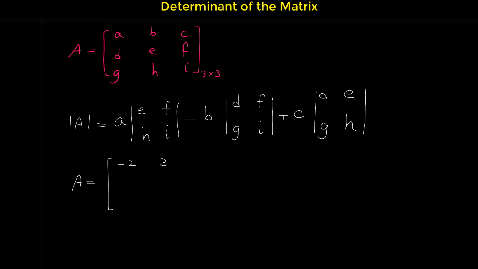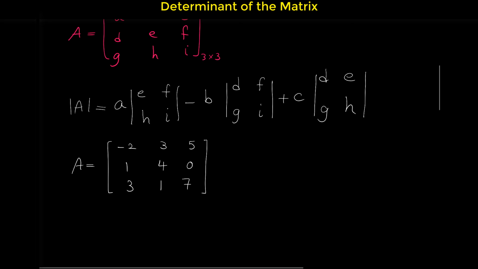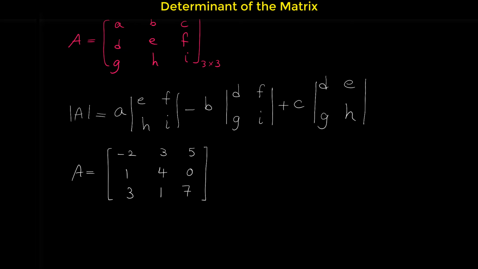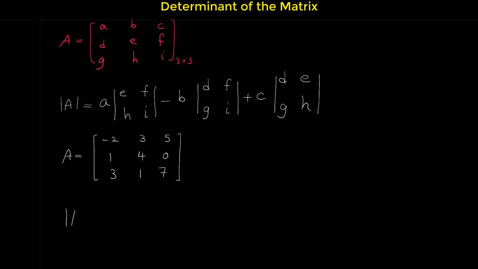-2, 3, 5, 1, 4, 0, 3, 1, 7. We want to find the determinant of this matrix. The determinant of this matrix A equals -2 times the determinant of deleting this row and this column: 4, 0, 1, 7.